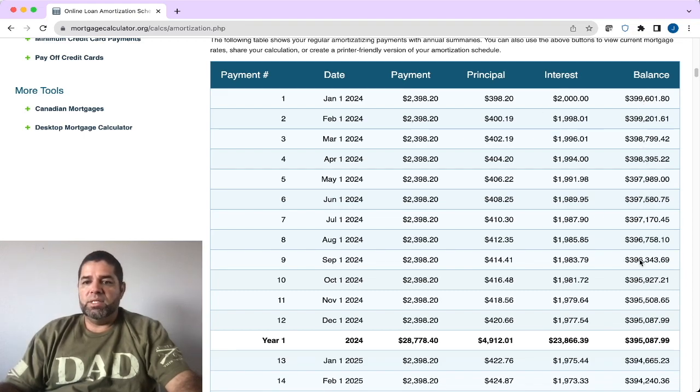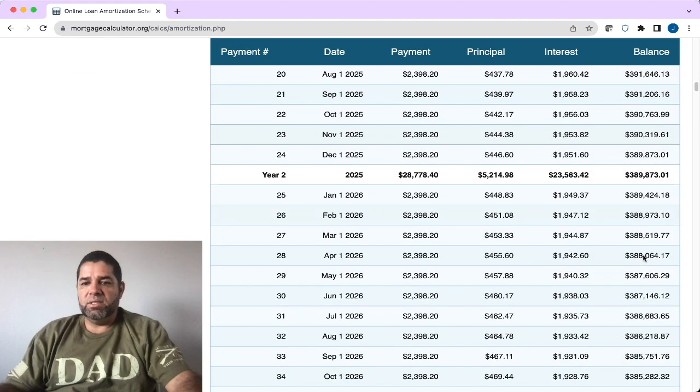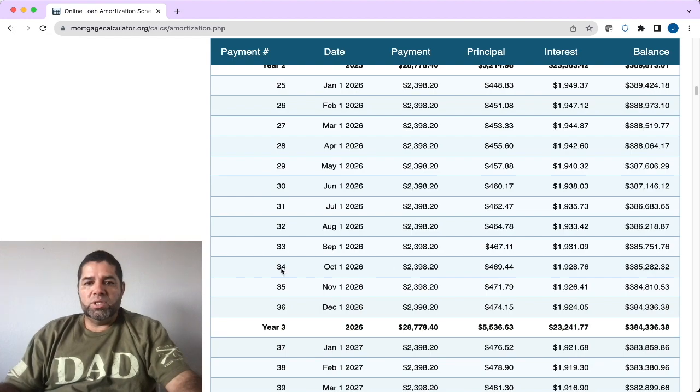So if we bypass all of this interest here until our principal balance gets to $15,000 less, which turns out to be in payment number 34. So that's where our principal balance is now $385,282.32.